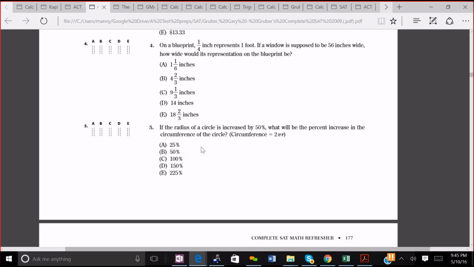So would it be 1.5 times 2 pi r? 1.5, because it's increased by 50%. Yeah, that's true. You can think of it like that.